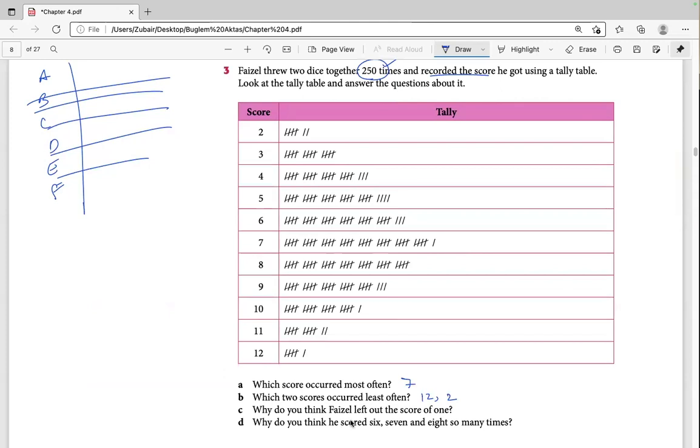Why do you think Fazil left out the score of 1? If you read the statement, you will get the answer.